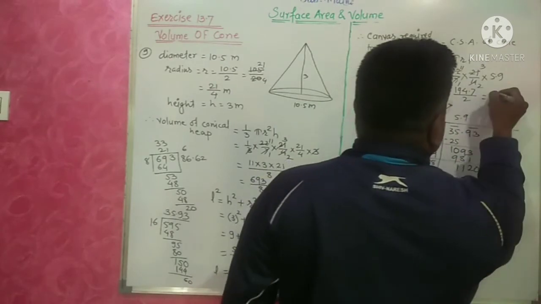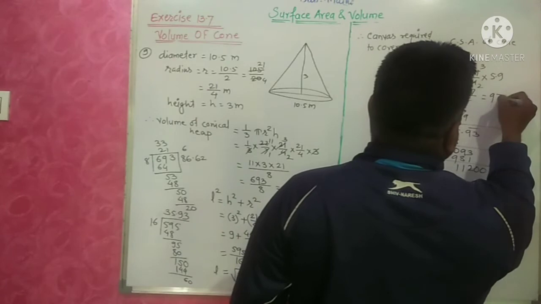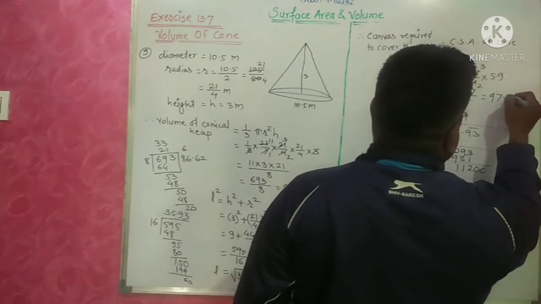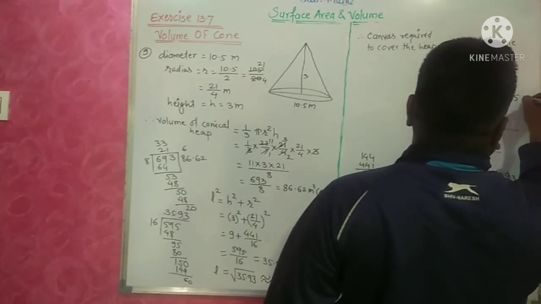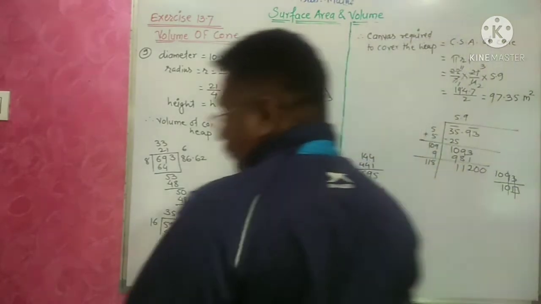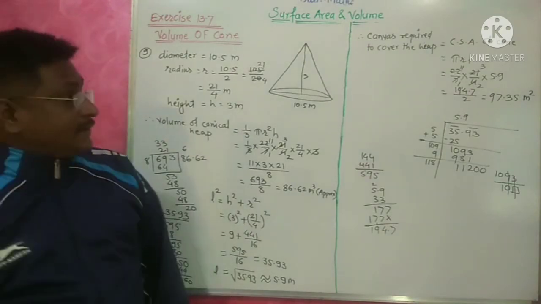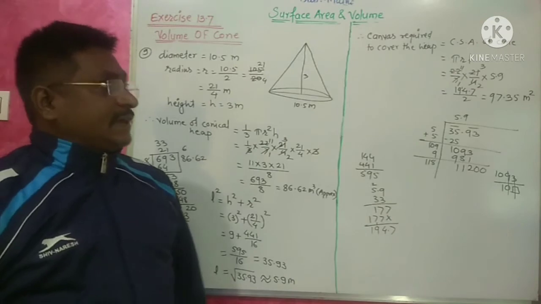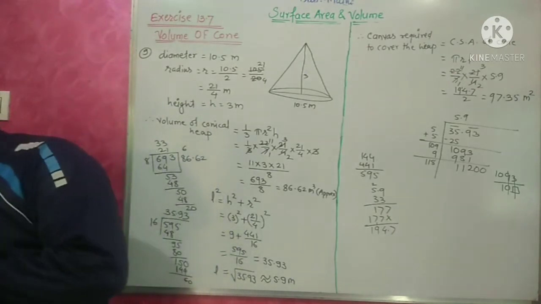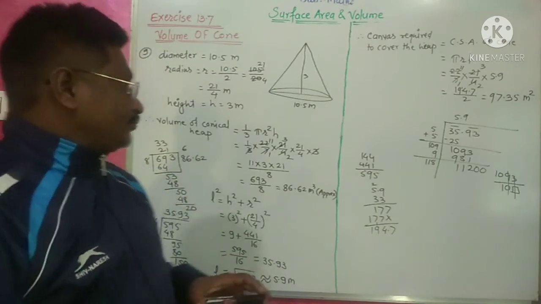So what will we get? 2 9s are 18, 2 7s are 14, 2 3s are 6, 2 5s are 10. Meter square. So how much canvas is required? 97.35 meter square. That much canvas is required to cover the heap of wheat.